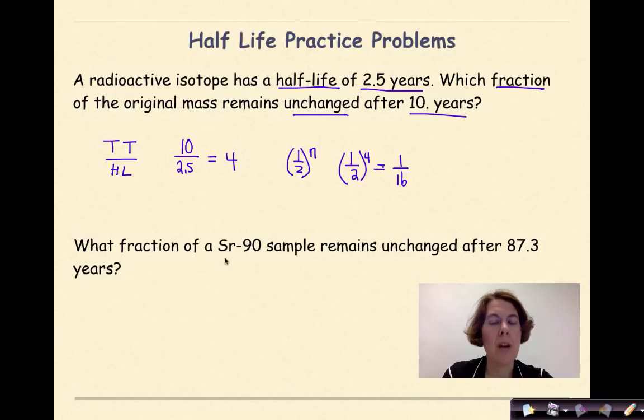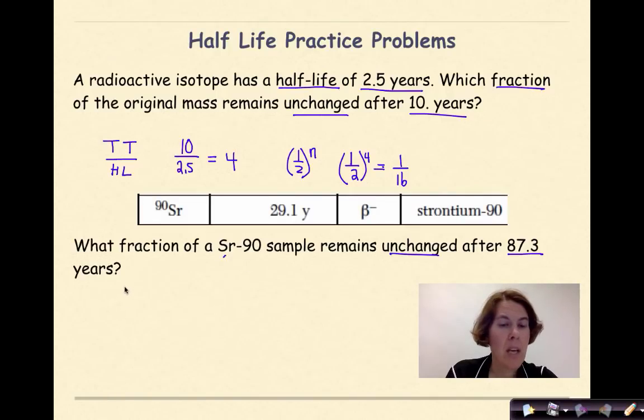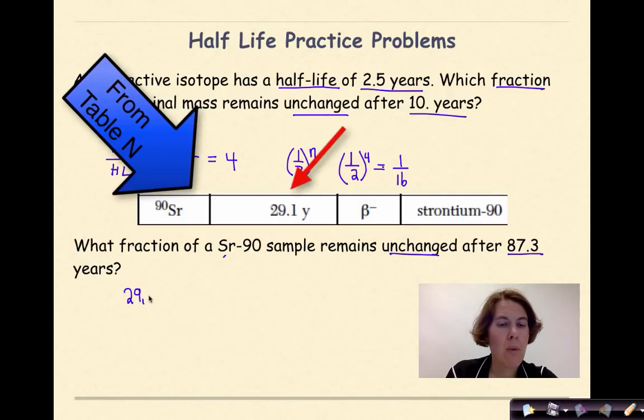What fraction of a strontium-90 sample remains unchanged after 87.3 years? The first thing that we need to do here is to go to Table N and look up the half-life. So we go to Table N because they're not going to state in the problem that you need to refer to Table N. We find out that the half-life for strontium-90 is 29.1 years.